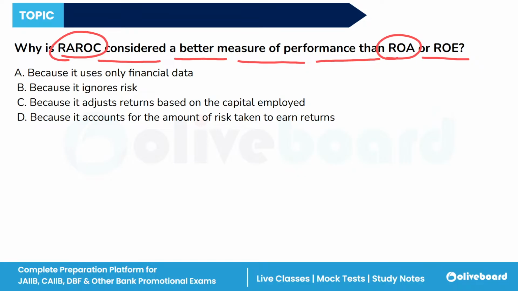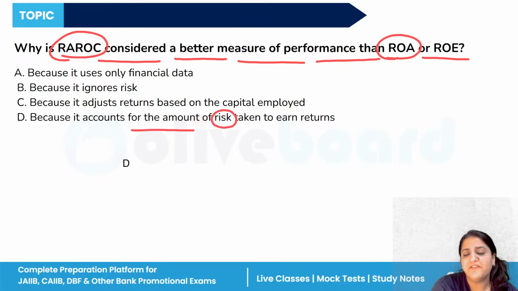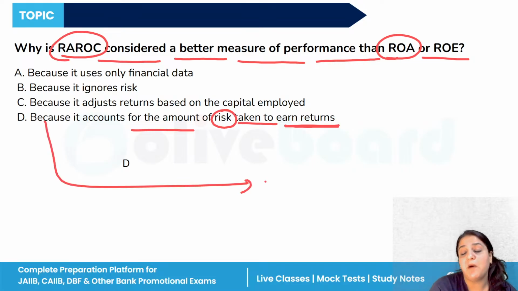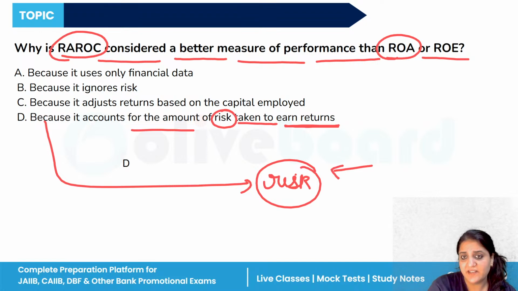So here we can say, RAROC is considered a better measure of performance because it accounts for the amount of risk taken to earn the returns. It uses the amount of risk that is taken just to earn the returns. Clear?